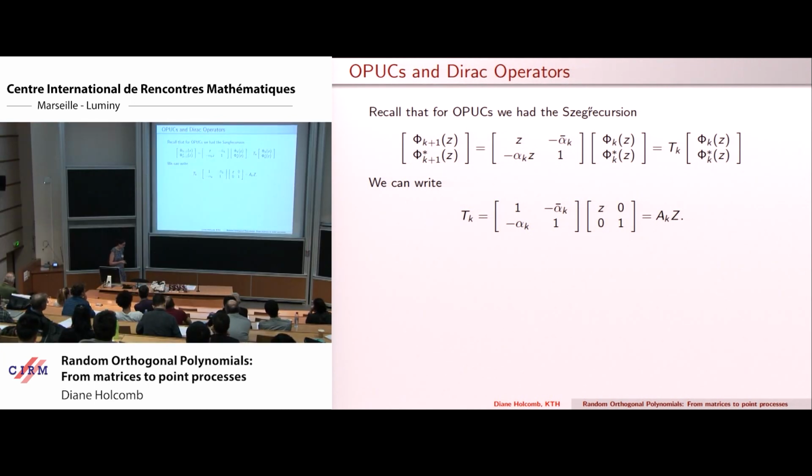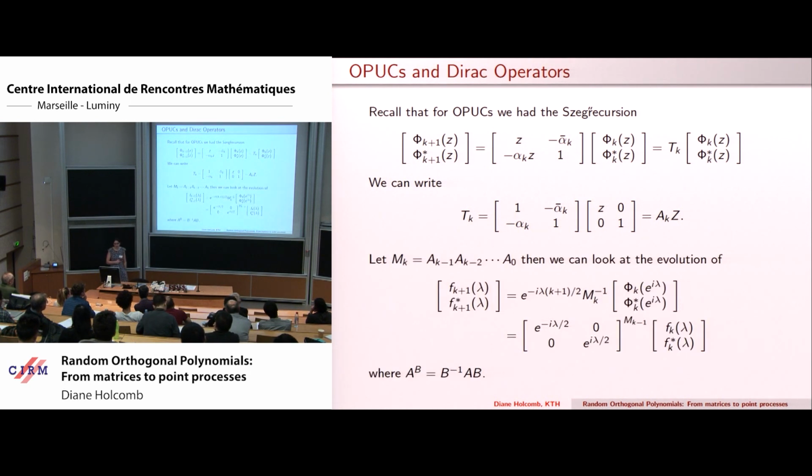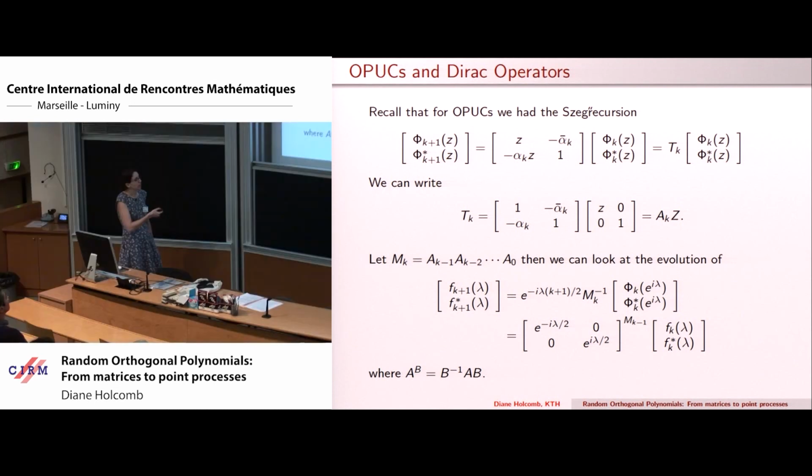And I am going to make the following change to my phis, or my orthogonal polynomials. I'm going to take a product of a bunch of these A matrices, left multiply by the inverse of that product, and put in an extra rotation. And if you work out what happens, there is a recurrence for these f_k's.